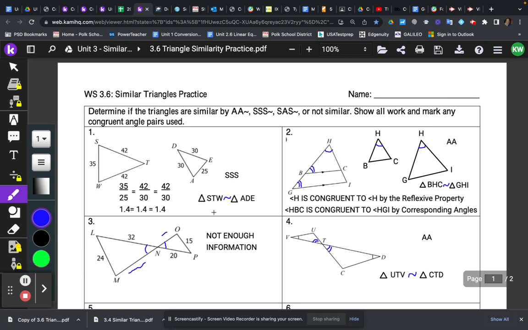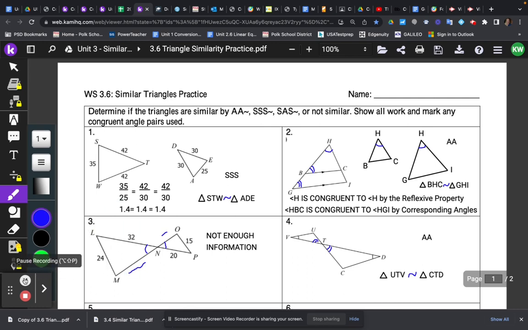And triangle STW is similar to triangle ADE. It's okay if you put EDA on this particular one because it is an isosceles by side-side-side, because all 3 sides are definitely producing the same reduced fraction.